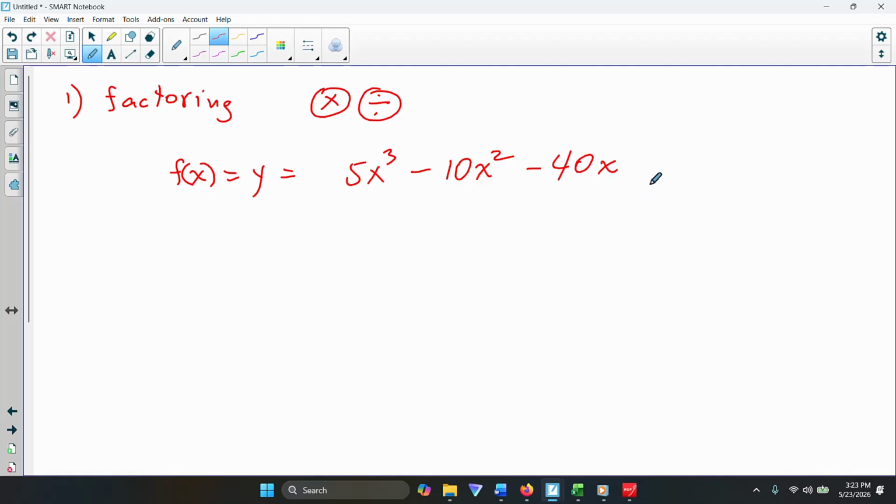Notice how I don't have a fourth term here, because that fourth term would make things more complicated. I picked this off the top of my head on purpose, so that it's going to be pretty easy to factor. So as you're looking at this, you're treating this as factoring a function or solving an equation.